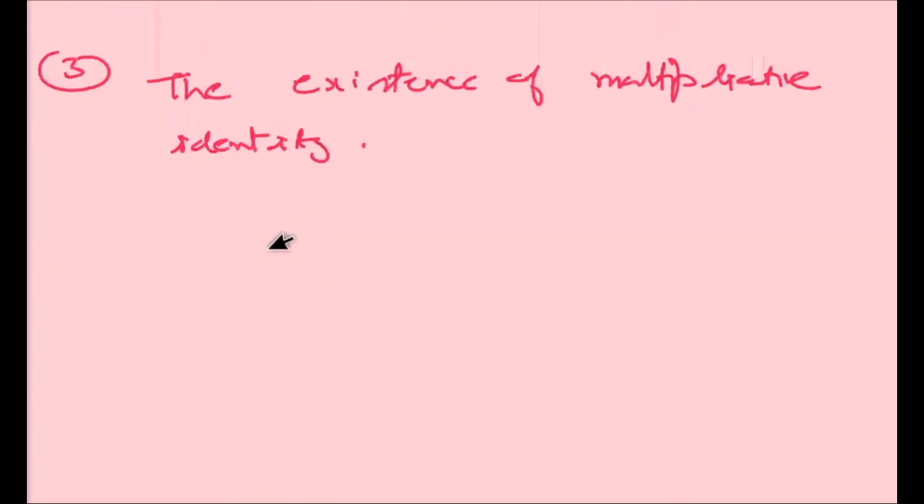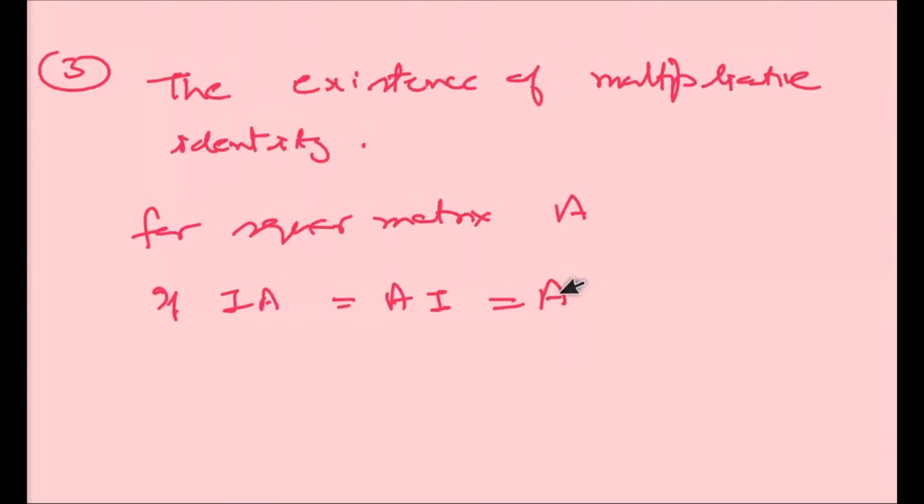Means for square matrix A, if IA equal to AI equal to A, then I is identity matrix of A. Okay.